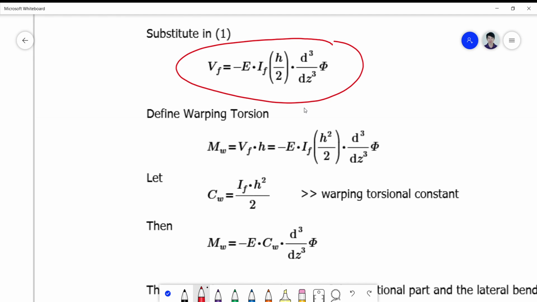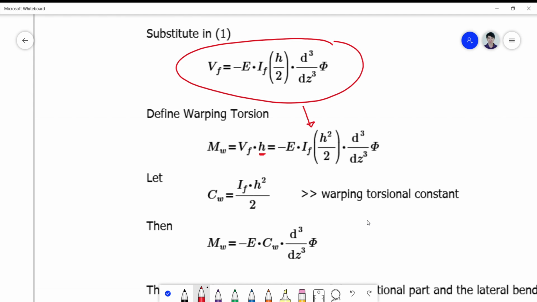and substituting the value of BF in this recently derived equation, we can come up with this formula here where your H over 2 becomes now H squared over 2 because of the additional moment arm H that exists on the formula for your warping moment or warping torsion.